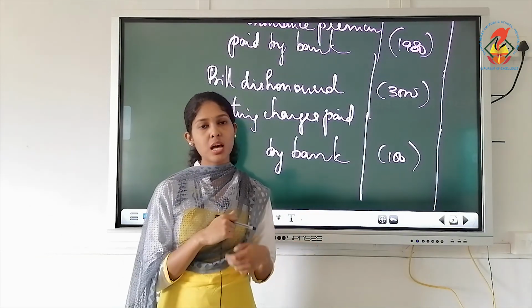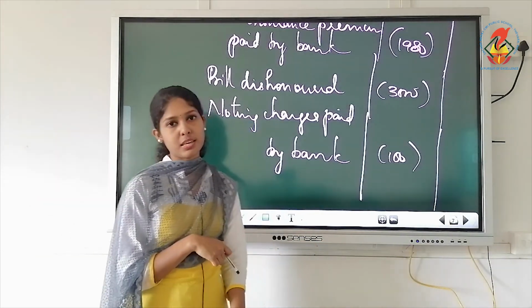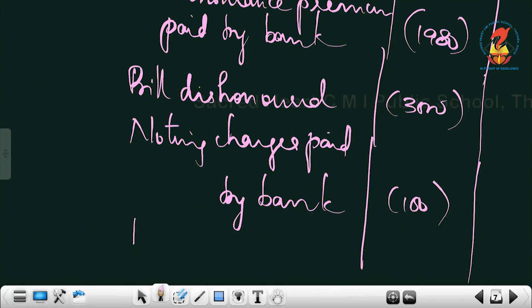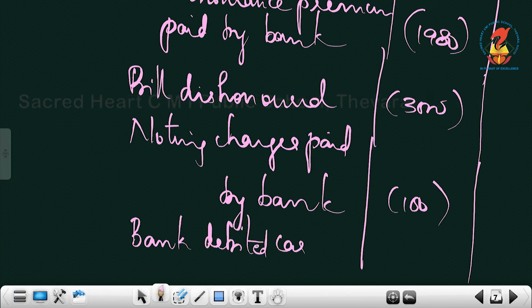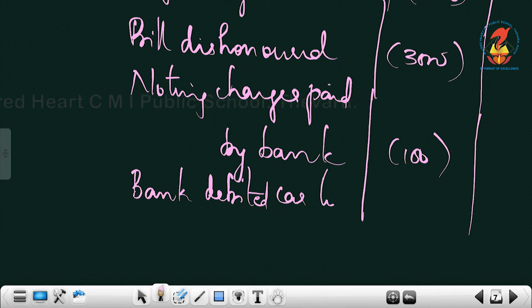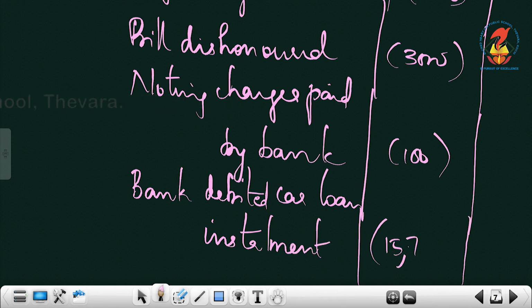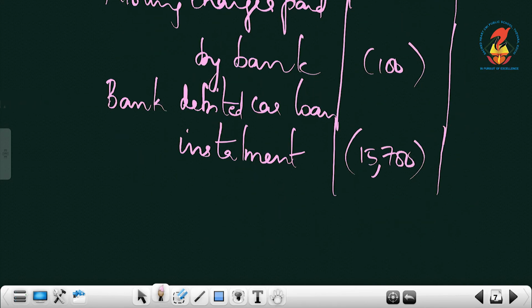So, we have to less now that amount of 15,700. Since they have included interest in this, again you don't have to add interest.